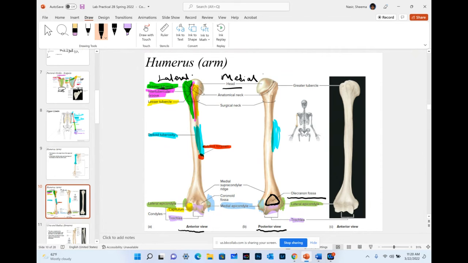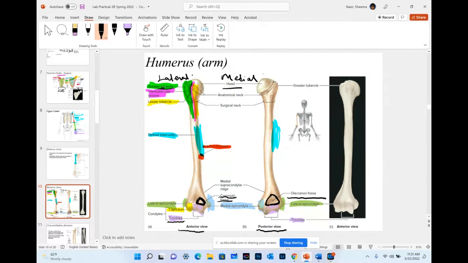Anterior side is going to have the shallow depression, which is your coronoid fossa. It is shallow, smaller, and it is present on top of the trochlea. So this is trochlea. It is present on top of the trochlea right here. And that is your coronoid fossa.